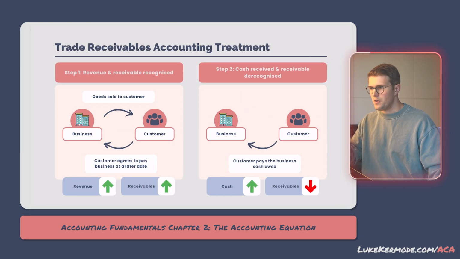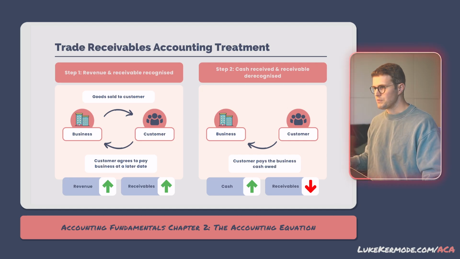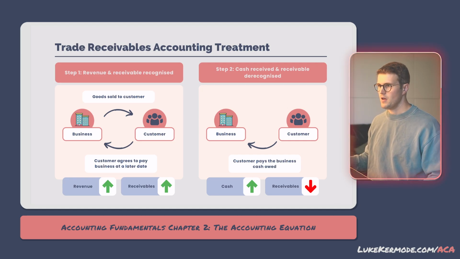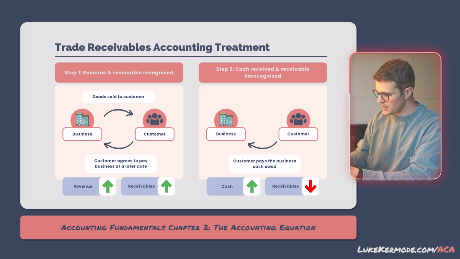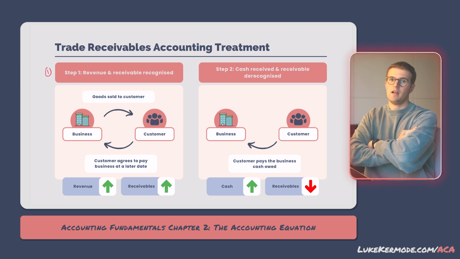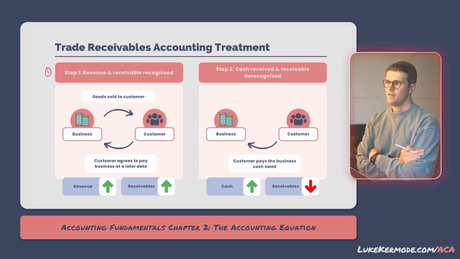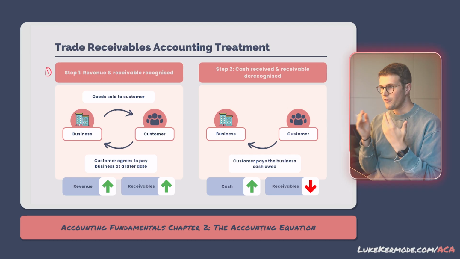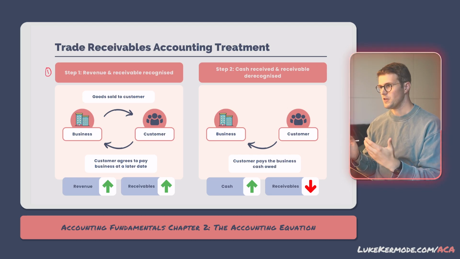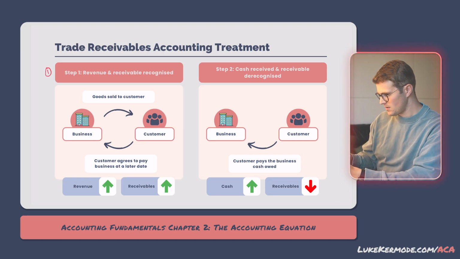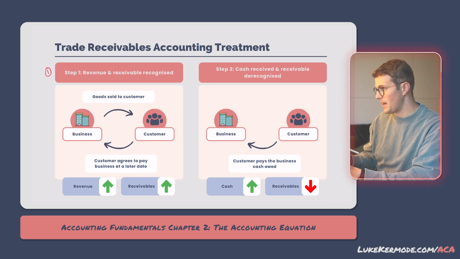Let's now walk through how trade receivables are accounted for in two simple steps. So step one, a sale is made to the customer on credit. This means that the business is transferring the goods or services to the buyer now, but the customer agrees to pay later.